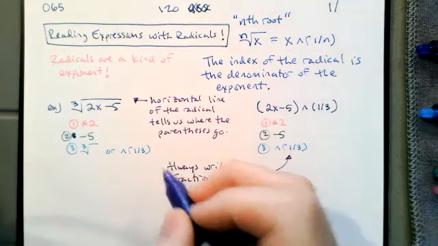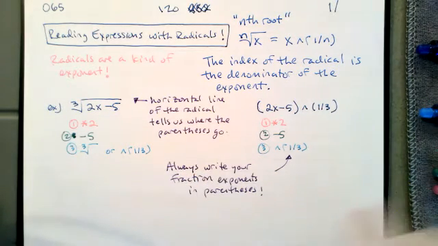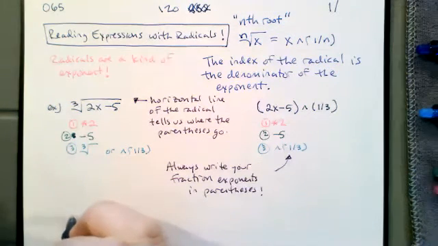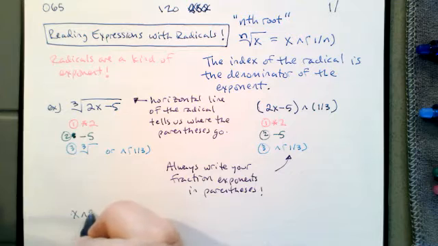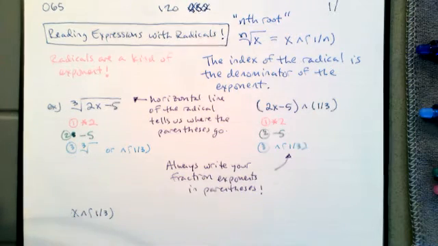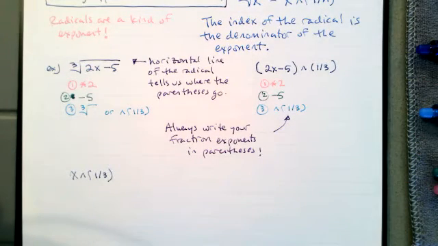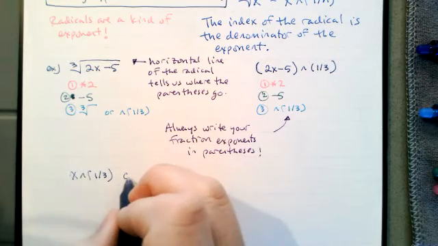A note on writing fractions in parentheses. Usually when we have a fraction exponent, if we're writing it as a superscript, we should use side-to-side notation, single line fractions in single line syntax. If I want to write x to the 1/3 power, an option is to write it with a superscript.